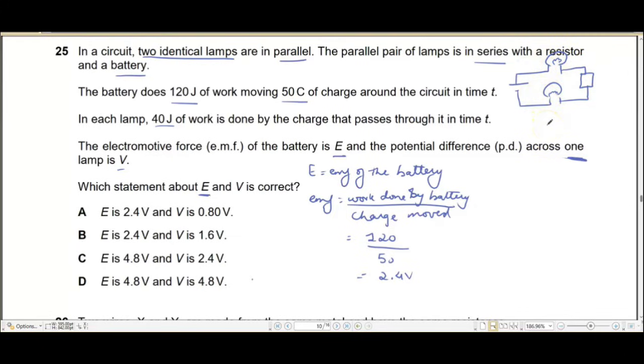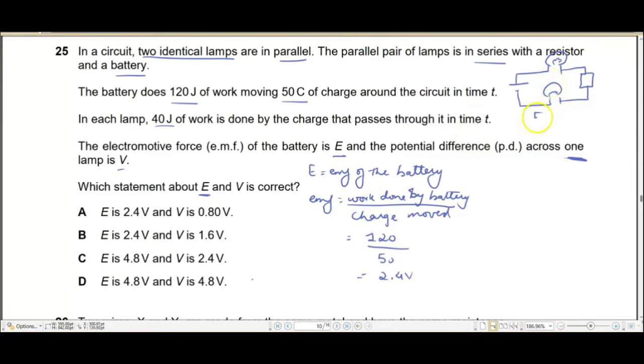Now we know that the lamps are connected in parallel. So the total charge from the battery, which is 50 coulombs, is going to be equally divided between these two lamps. Since these lamps are identical, the charge is going to be divided equally.